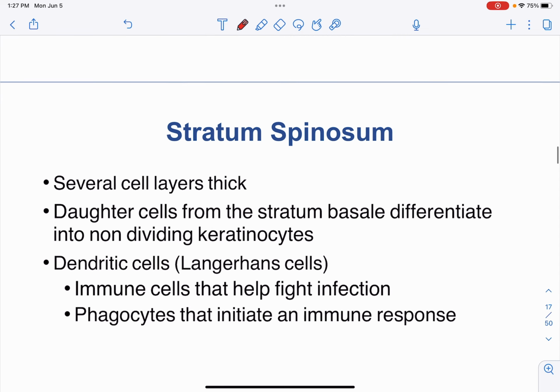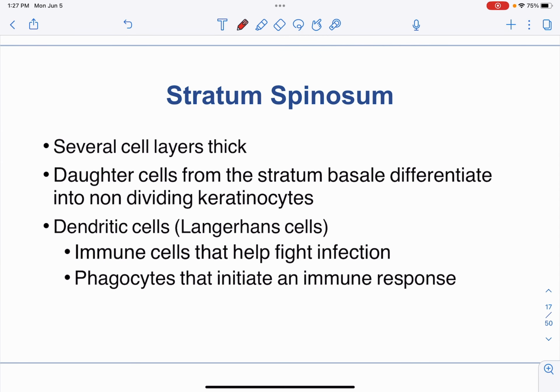Up from that is the stratum spinosum. This was several layers thick. These are now non-dividing keratinocytes, and keratinocytes are the most abundant or predominant cell in this layer.